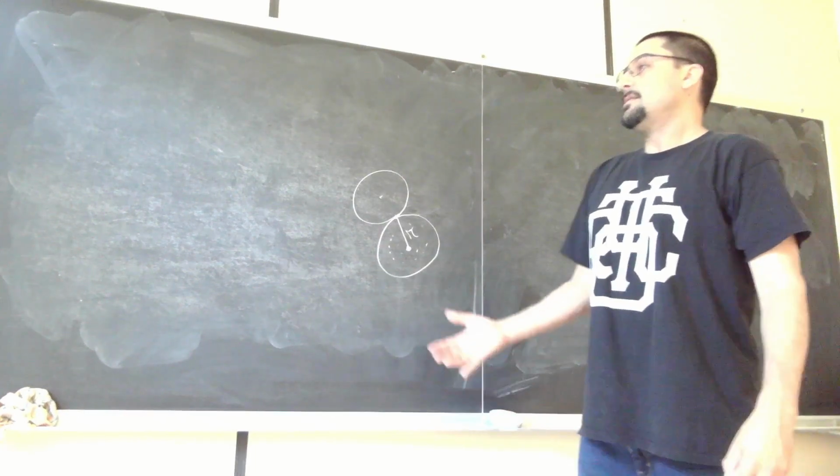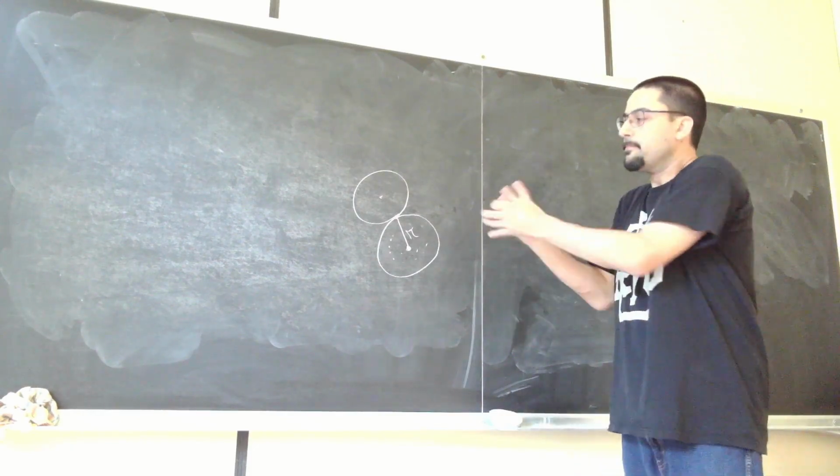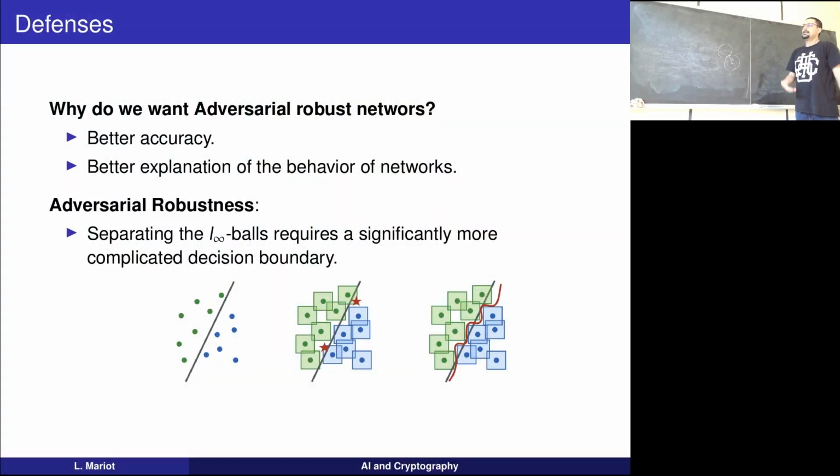Here I'm using the Euclidean distance, so we have balls that look like actual balls. On the slide you see the Chebyshev distance, not the Manhattan distance, but it's basically the same concept.